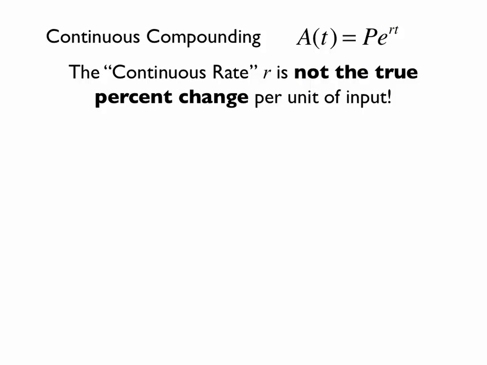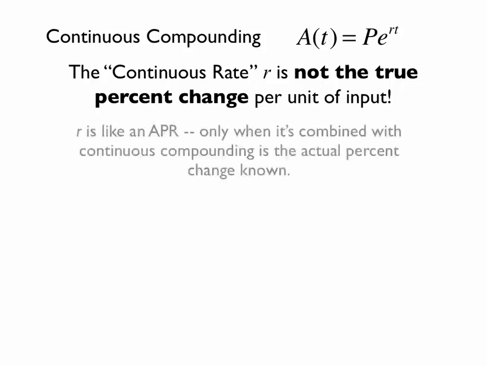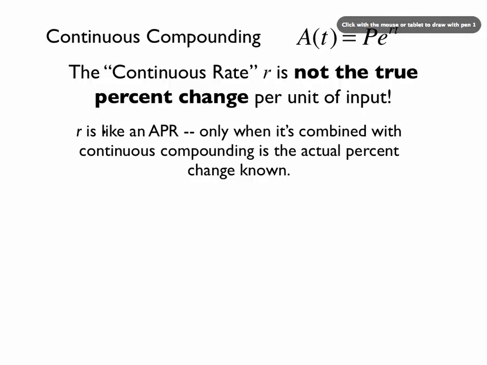Okay, so just remember that continuous rate R is not the true percent change. R is the APR. Only when that R is combined with continuous compounding can the actual percent change be known.